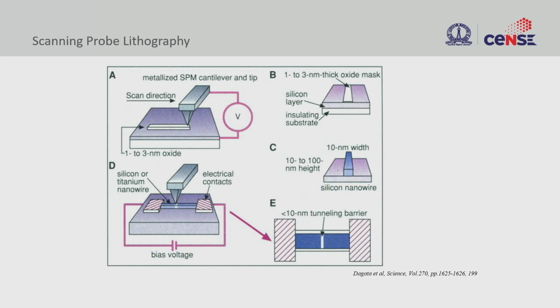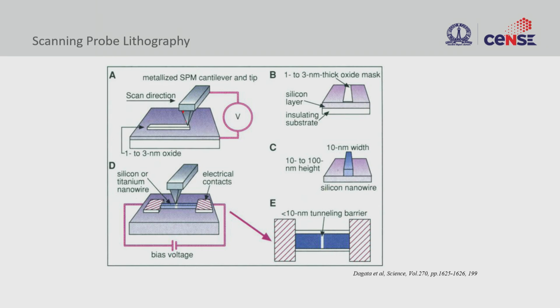Here we can define very fine features, on the order of tens of nanometers, by using a tip. This is a physical process, which we saw in the first lecture, where we can directly transfer the pattern.